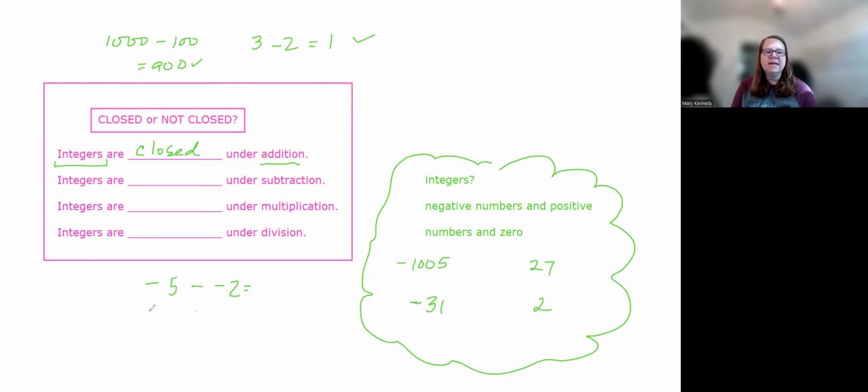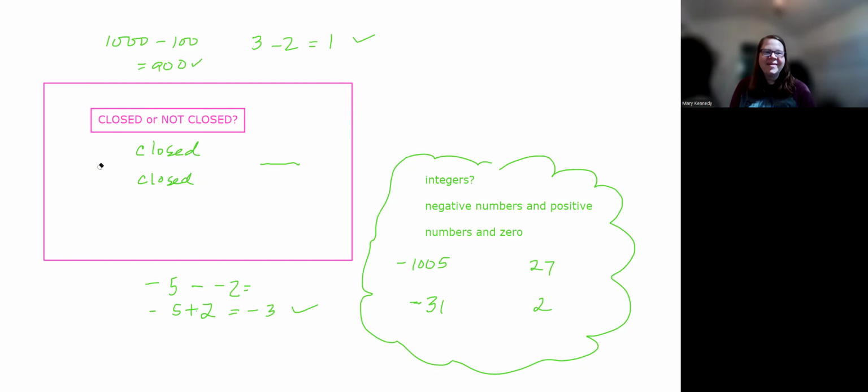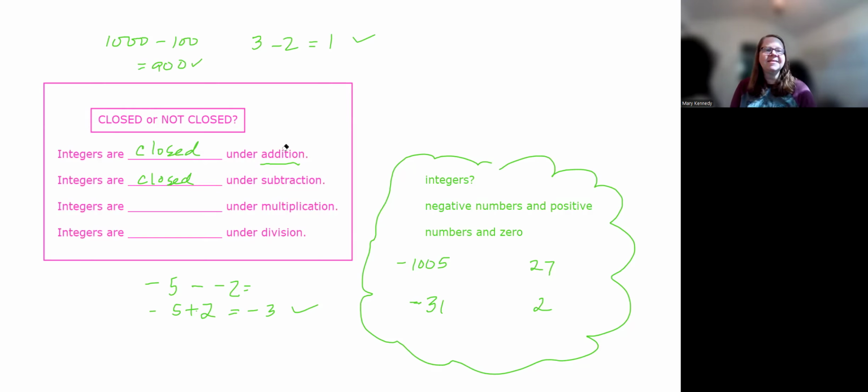Negative 5 minus negative 2, that's negative 5 plus 2, which is negative 3, still an integer. We could try some other negatives just to make sure. But if we start with integers, positive and negative numbers, and all we do is subtract them, we're going to end up with more integers. So still closed. Still works there. Okay, let me erase some of my work here.